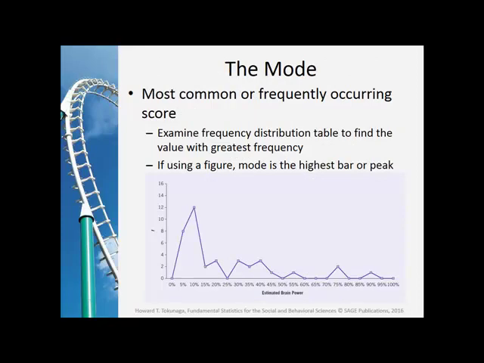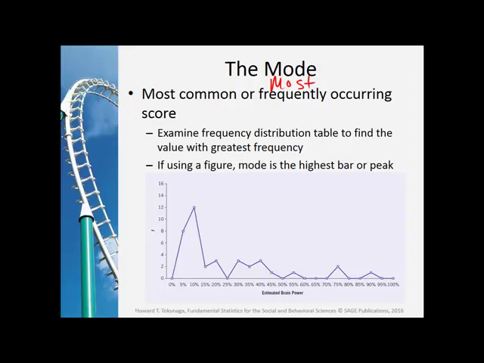So let's start with the easiest. The easiest is called the mode. The mode is the most common or frequently occurring score. So whenever I think of mode, I think of most. Right? Most common, most frequent, most likely, perhaps, if we're talking about probability.